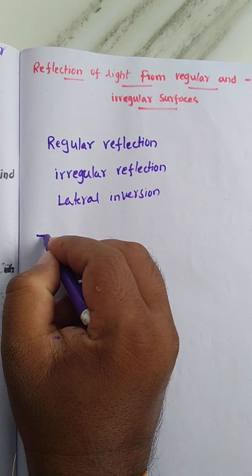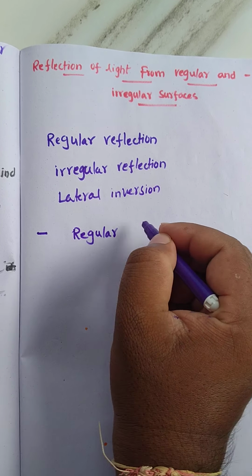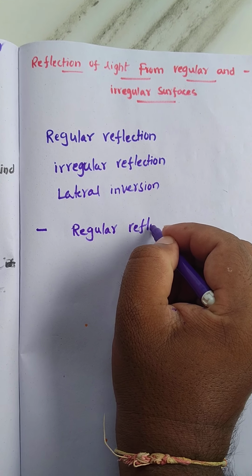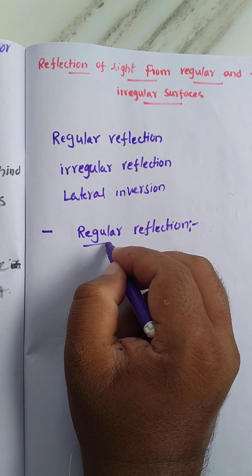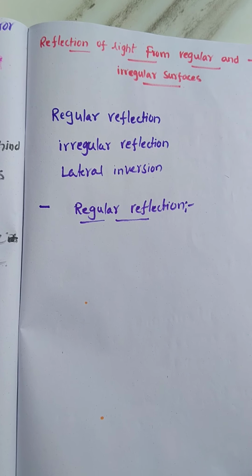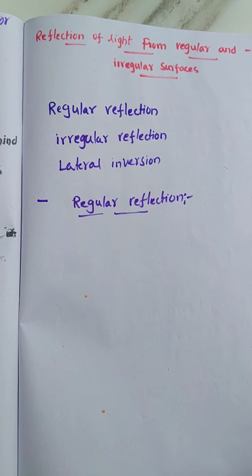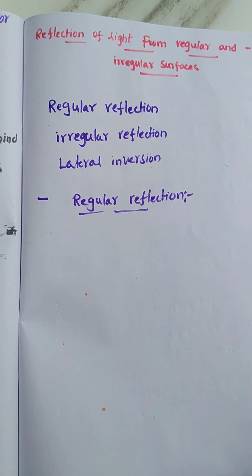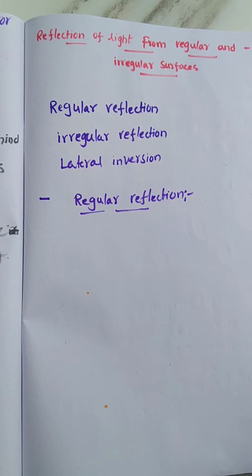So the first one is regular reflection. How do we define regular reflection? For example, you take one smooth surface and one rough surface, or regular surface and irregular surface, right?